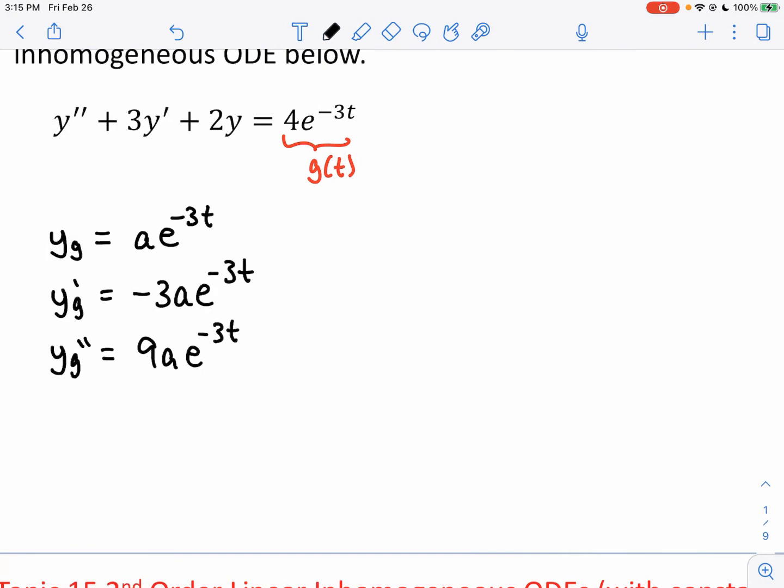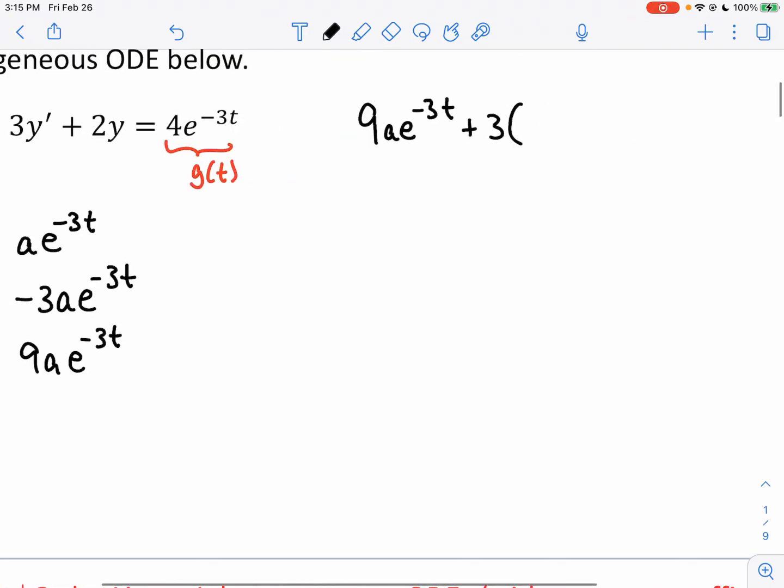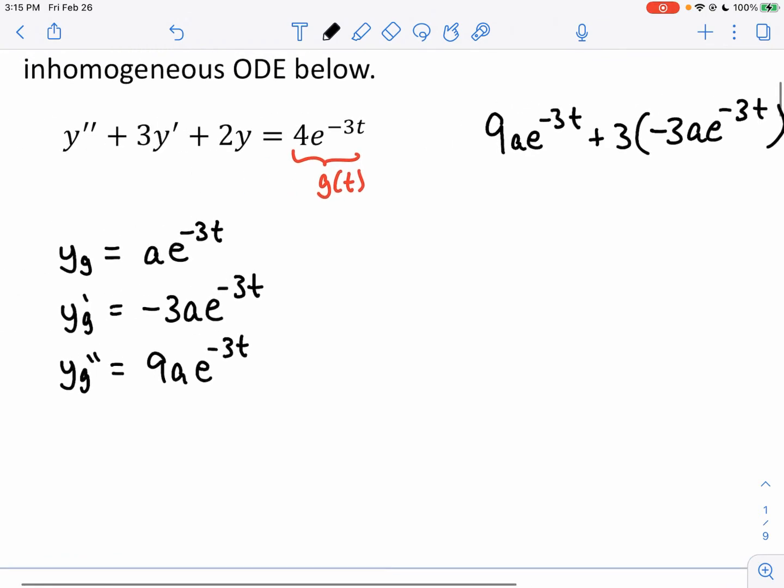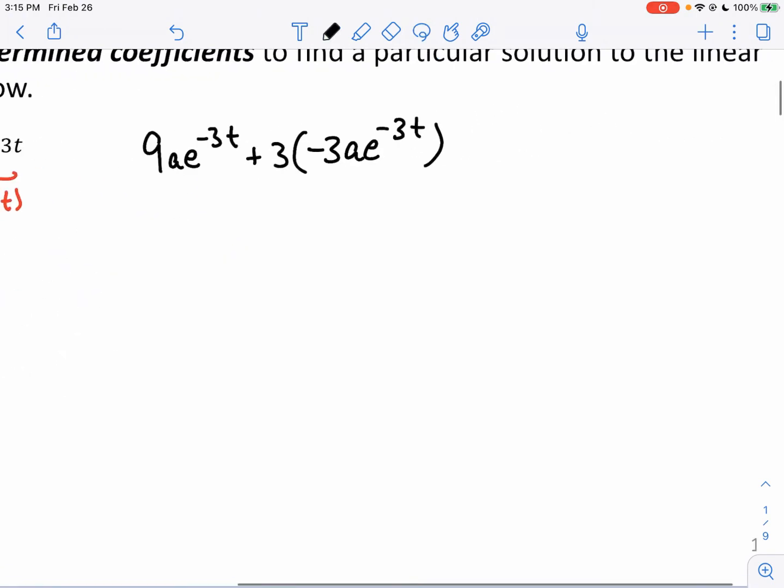So we'll start by rewriting y double prime, which is 9a e to the negative 3t, plus 3 times y prime. Y prime is negative 3a e to the negative 3t, plus 2y, and the y term is just a e to the negative 3t, so we're going to double that, plus 2 times a e to the negative 3t.